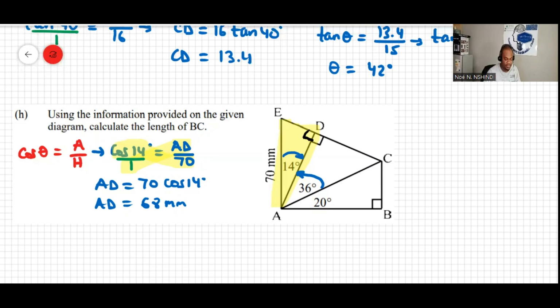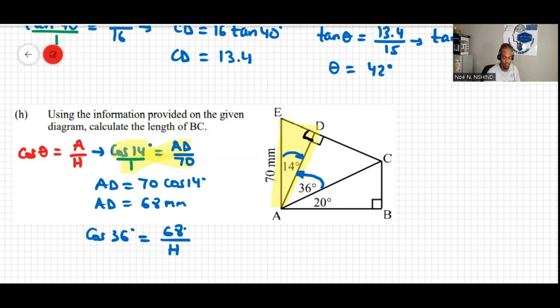The adjacent side will be 68. So it's going to be cos of 36 degrees equal to 68 over the hypotenuse, which is the side here.